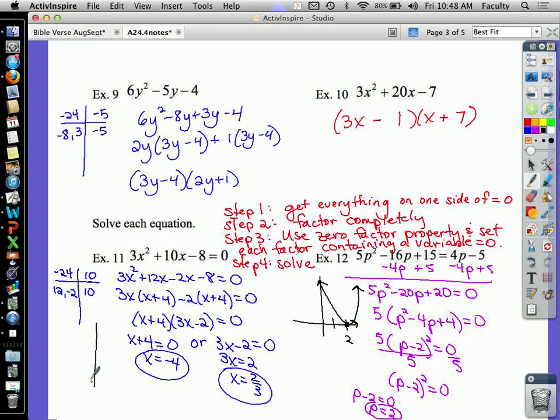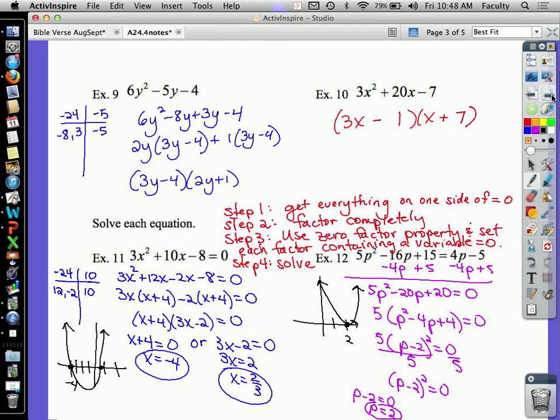And if I come back over to example 11, let's make a nice connection to our graph. I have an x-intercept at -4 and at positive 2/3, it opens up. I don't know exactly where the vertex is, but I at least know it's somewhere in between them, right? And don't we know that it's exactly halfway between when you have 2 x-intercepts?